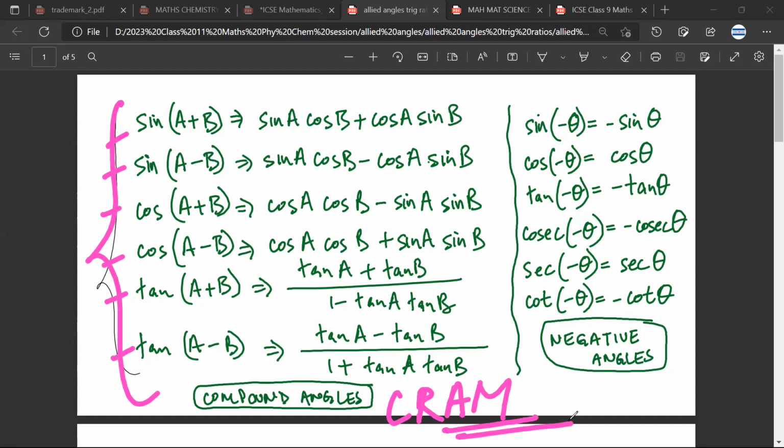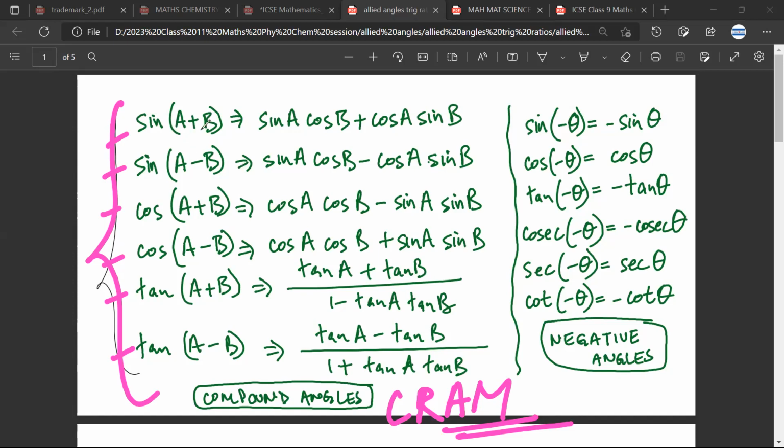Of course, you can ask me how these are derived, but that is none of your business. So just cram these 6 identities, and they are pretty simple. I'll tell you the logic, and once you understand the logic, you'll understand it is pretty simple.